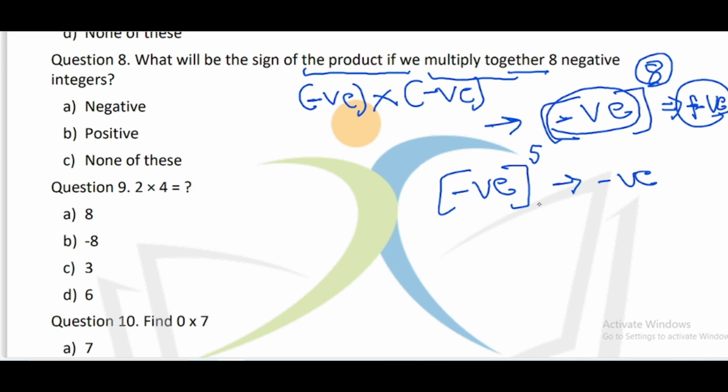Here the power is 8, which is even, then the result is a positive integer. Then the right answer is part B.